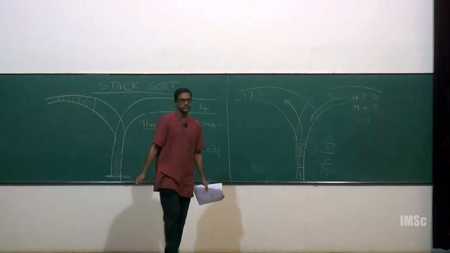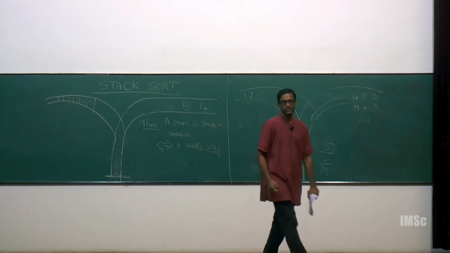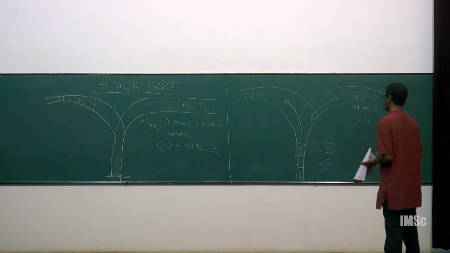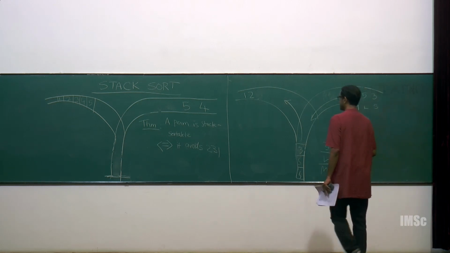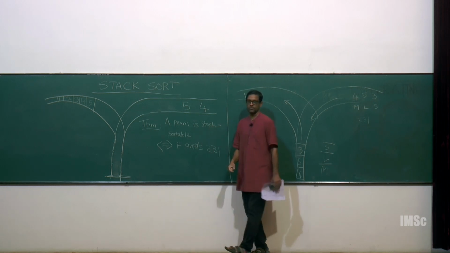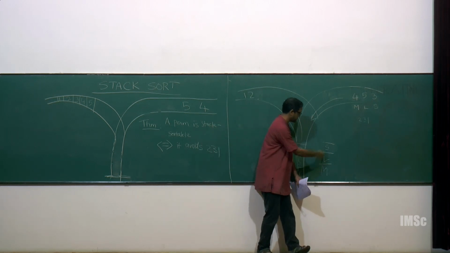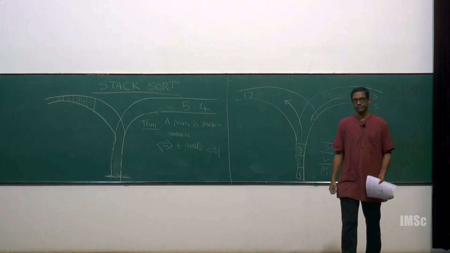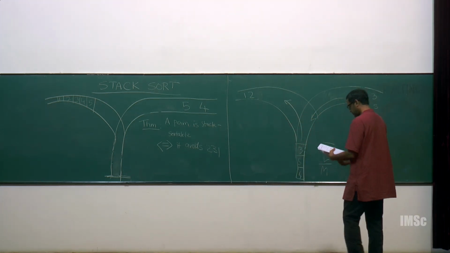Okay, I mean, I didn't prove this. I guess what we have said so far is only seeming to suggest it, but it's not too hard to prove. Okay, so at least we have seen one direction. If it contains 2-3-1, it's not stack sortable, right? This thing will happen if it contains 2-3-1. So at least one direction we have seen, but you can also prove the other one.